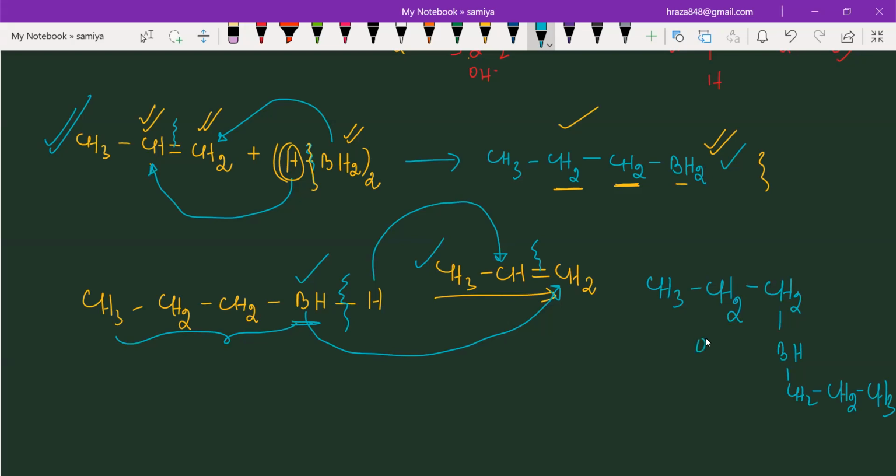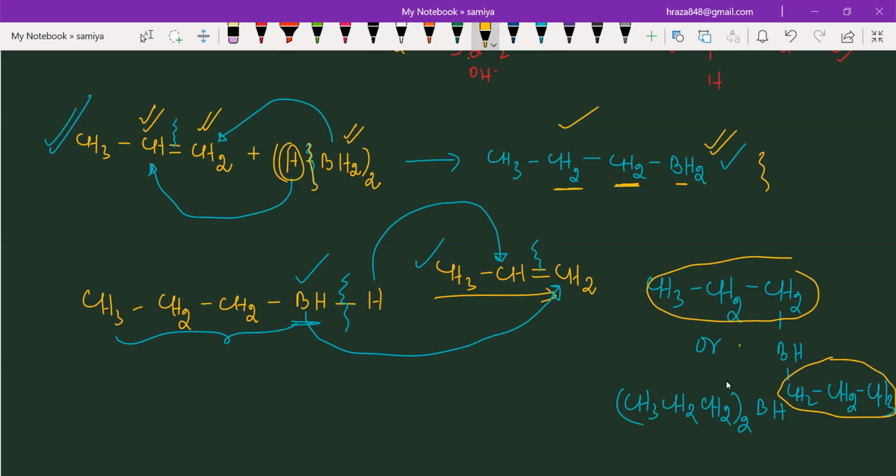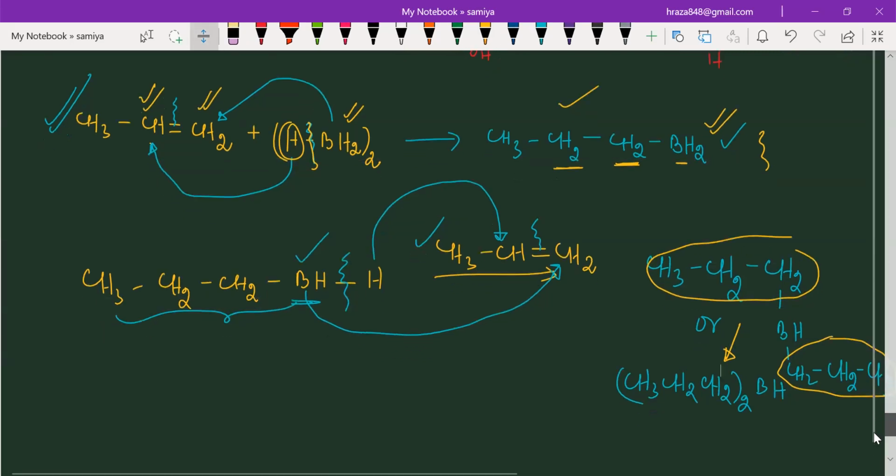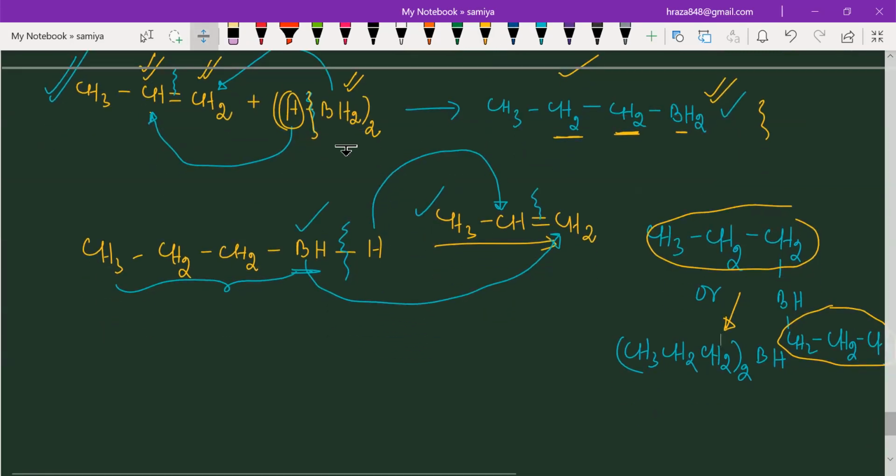Can I write this group as CH3CH2CH2 whole twice BH? Can I write this? Because you can see this is same as this. Yes, sir. Now see, the next step is very easy to understand.